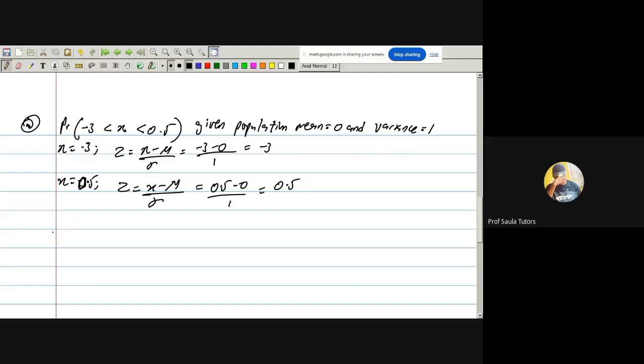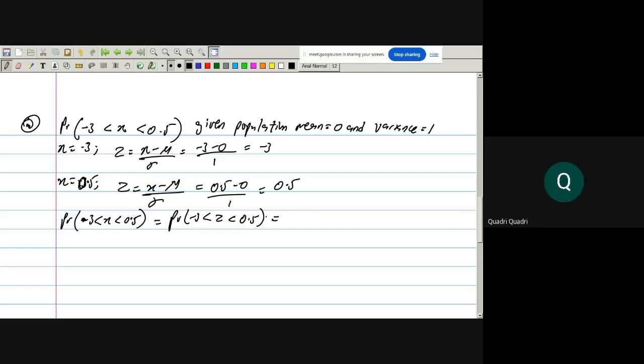So what will I write next? Since I've standardized it, the probability of minus 3 less than x less than 0.5 is written as probability of minus 3 less than z less than 0.5.